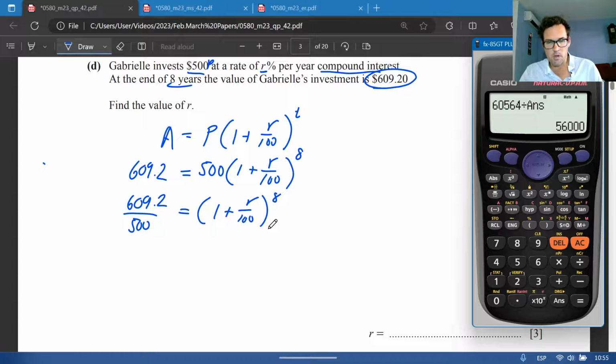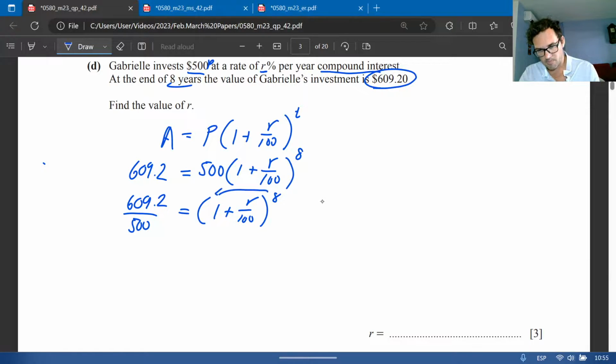The next thing we want to do is get rid of the power 8, because we can't use anything in the bracket before we do that. So we need to root 8 both sides, or root 8 the other side. Moving that over, we do the 8th root of 609.2 over 500. And now the bracket is gone. We set free the 1 plus R over 100.